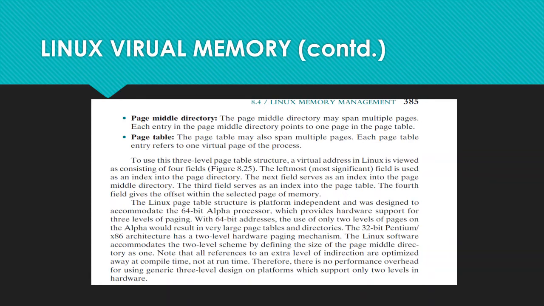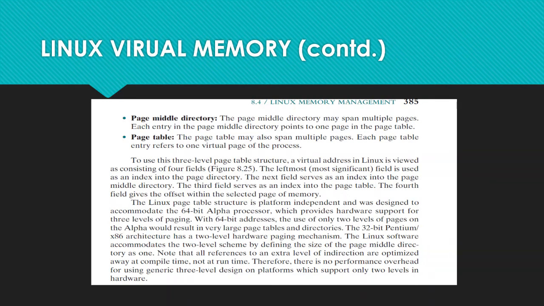Page middle directory. The page middle directory may span multiple pages. Each entry in the page middle directory points to one page in the page table. Page table. The page table may also span multiple pages.